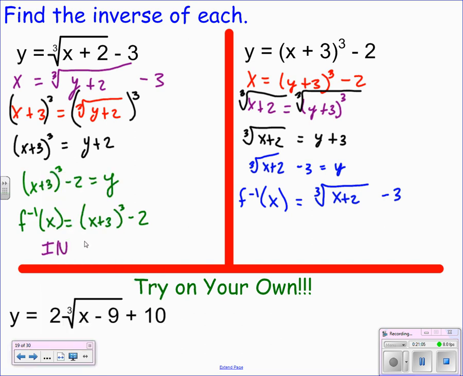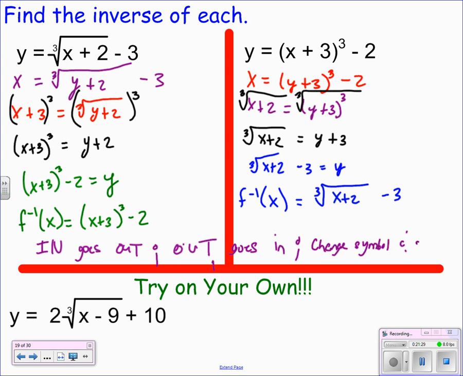In goes out, out goes in, change the signs.